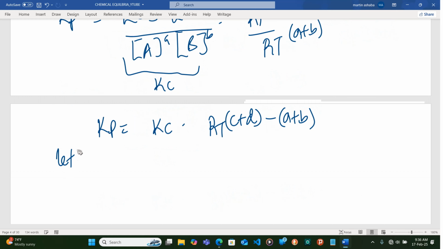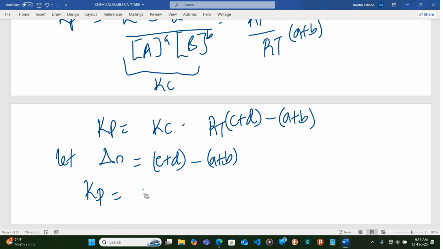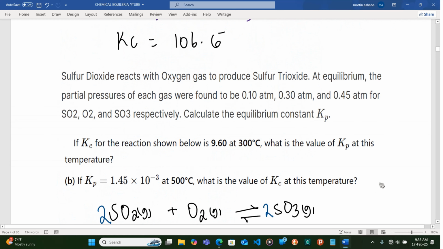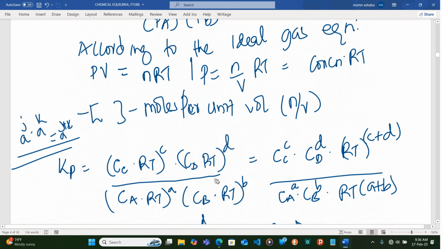So if I let the change in moles equal c plus d minus a plus b, then that means our Kp will equal Kc times RT to the power of the change in number of moles. So from here, we can substitute in for R and T, and then we shall be good to go.